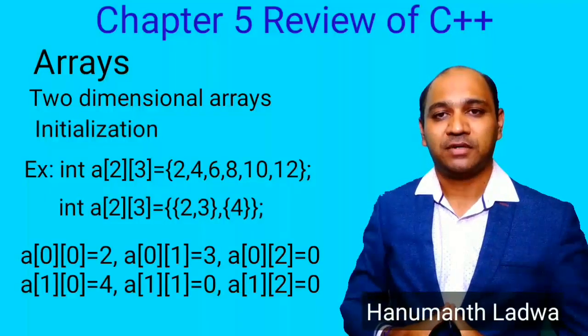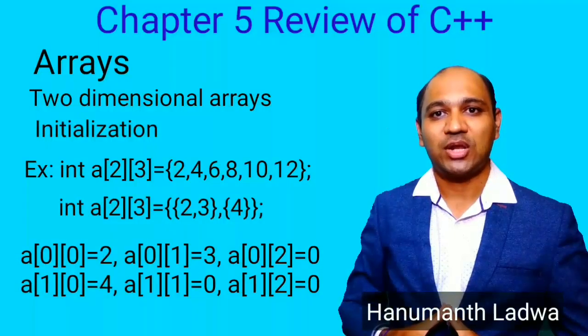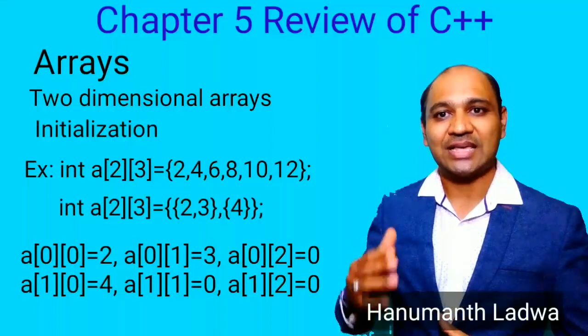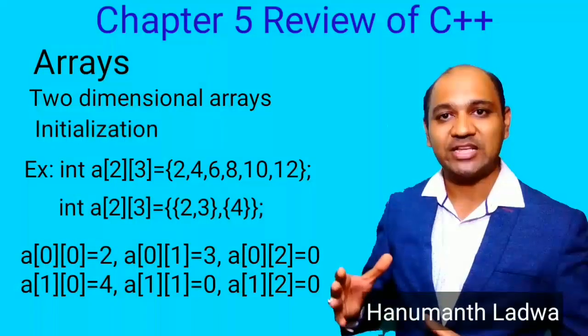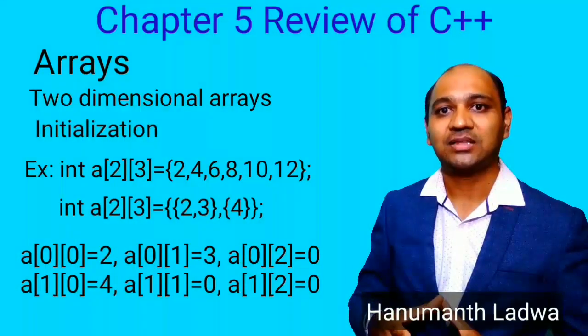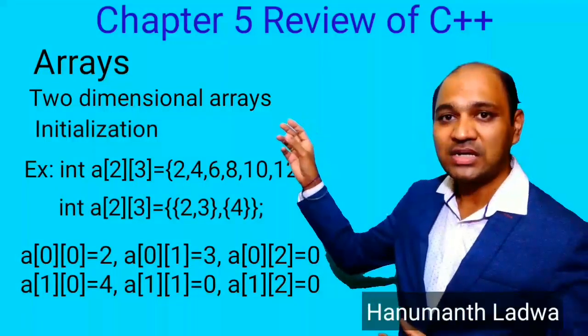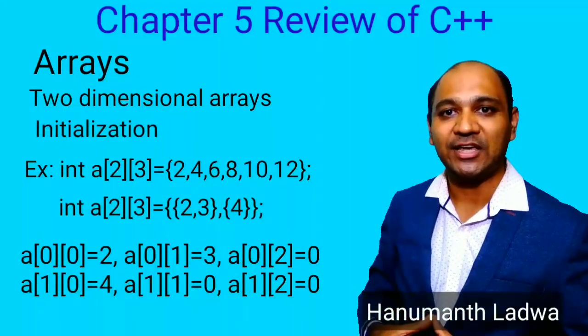So here the first row is initialized with 2 values and the second row is initialized with the next value, that is 4, and the remaining memory blocks are set to 0 automatically.